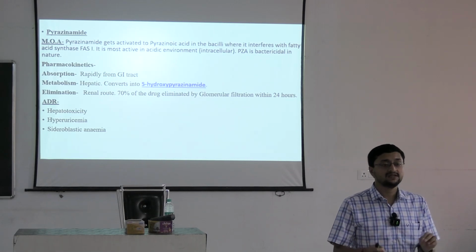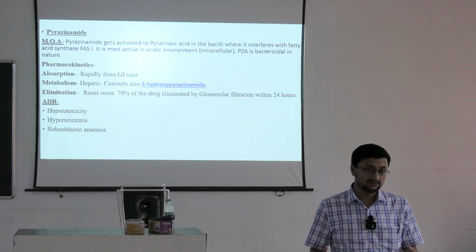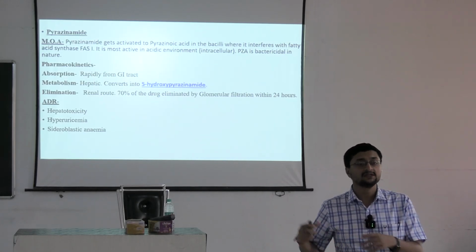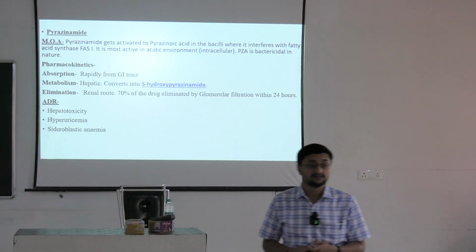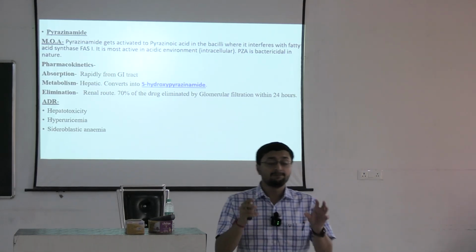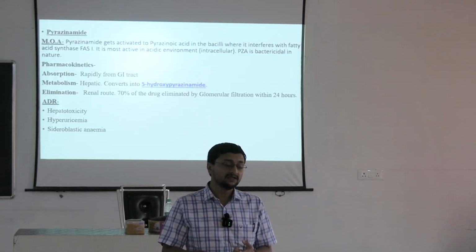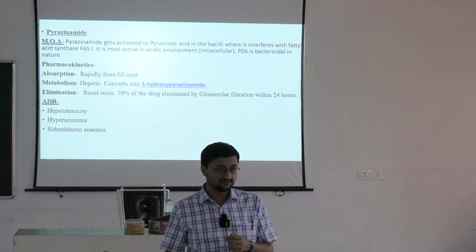The patient typically complains about gouty pain of joints, different small and large joints, after taking this therapy, this ATD. This is because of pyrazinamide. So pyrazinamide, the active form pyrazinoic acid, competes with the xanthinic acid, right?